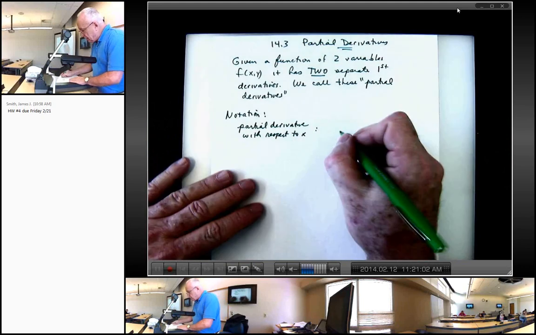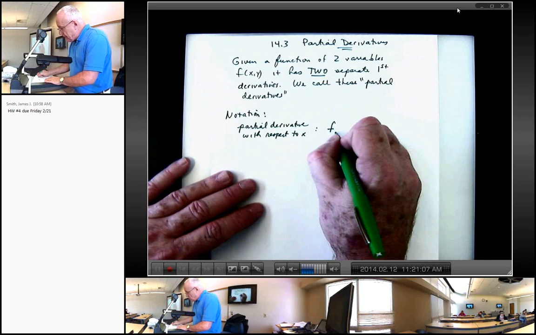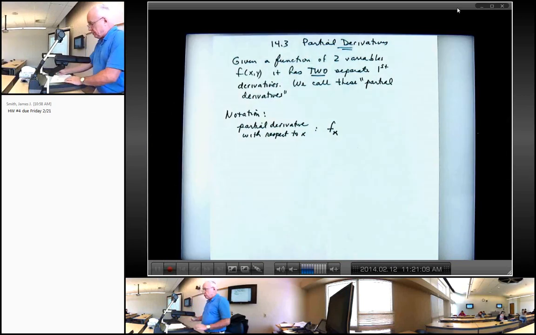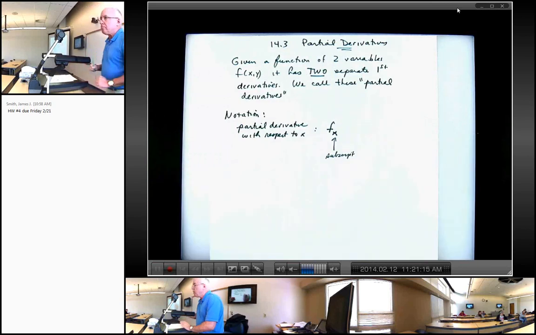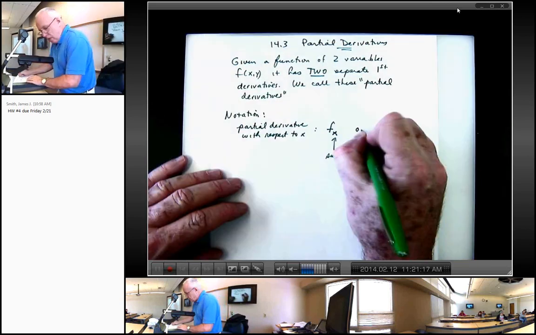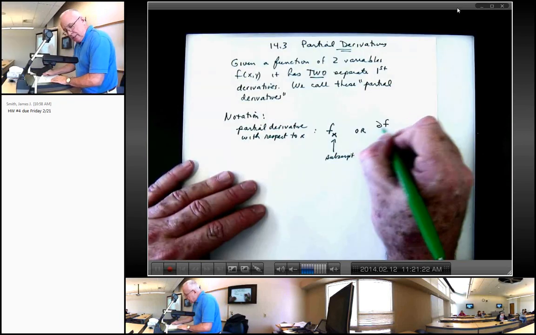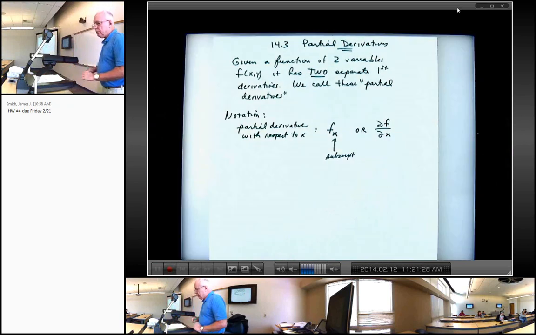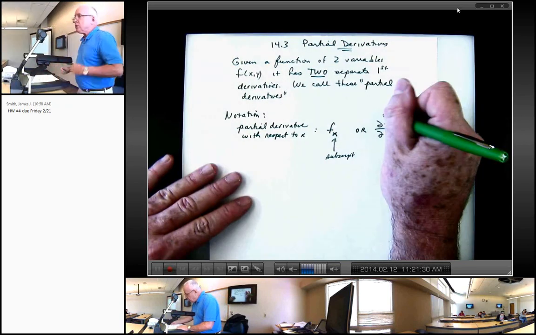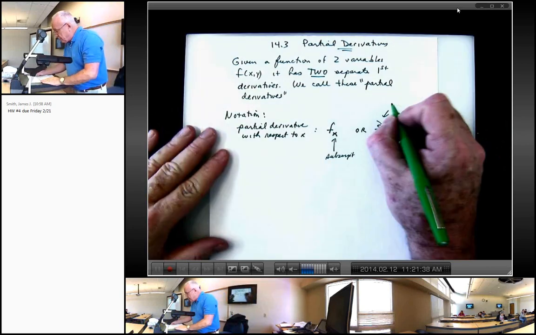And that's denoted either with our function, which usually is the letter f, with an x down there as a subscript. Okay. Or we can use the lowercase delta symbol like this. Frequently, especially if I'm in a hurry, that's going to look like the number 2 if I'm not careful. But this is lowercase delta.